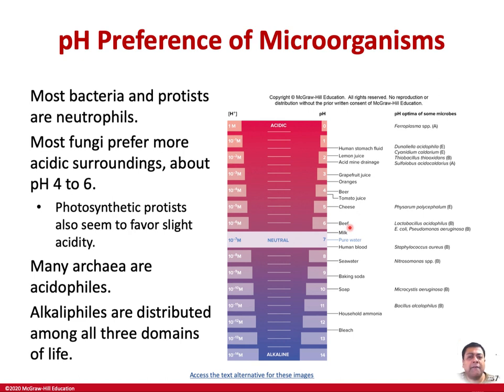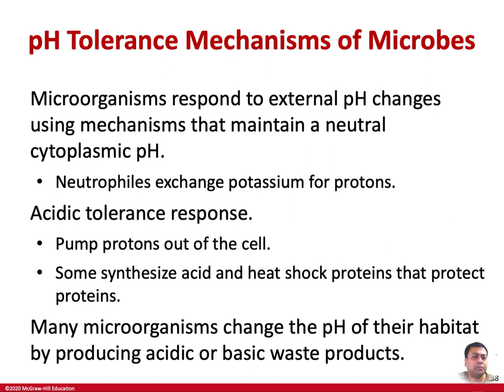And alkaliphiles are distributed among the 3 domains of life, and they include the bacteria belonging to the genera Bacillus, Micrococcus, Pseudomonas, Streptomyces, yeast, filamentous fungi, and numerous archaea. As seawater has a pH of about 8.3, all marine microorganisms are alkaliphilic or alkalophilic.